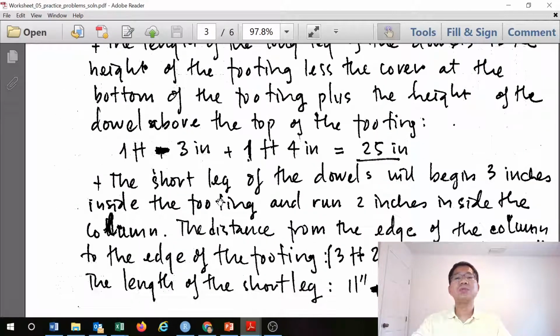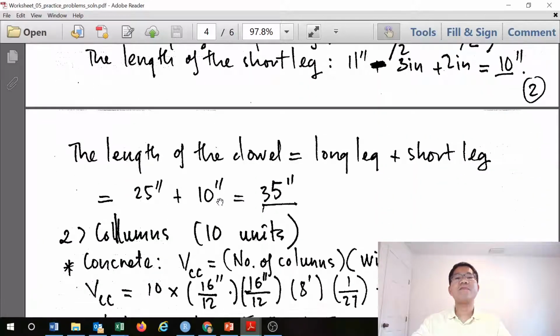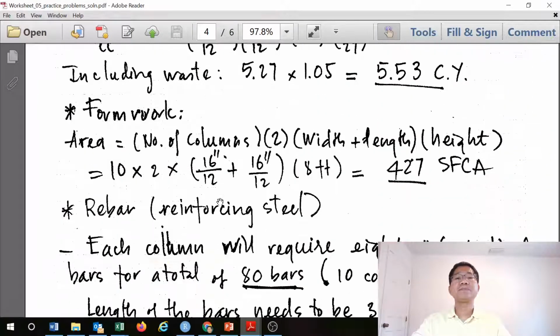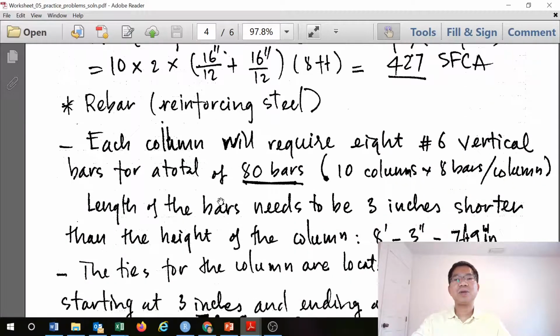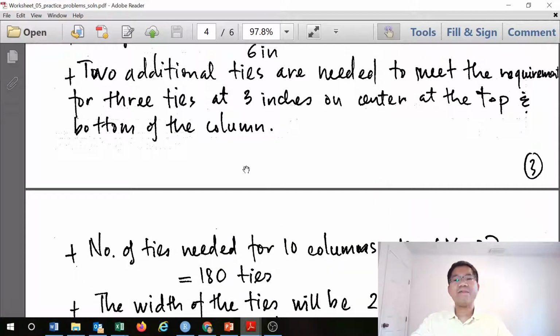So I suggest you walk through to see where those numbers come from, and then when you have that quantity, I show you in the worksheet 5 practice problem solution, and try it on your own. Try by yourself to understand this. It's very important for the work, for the exam, for the quiz, and of course for your understanding. That is the utmost important.